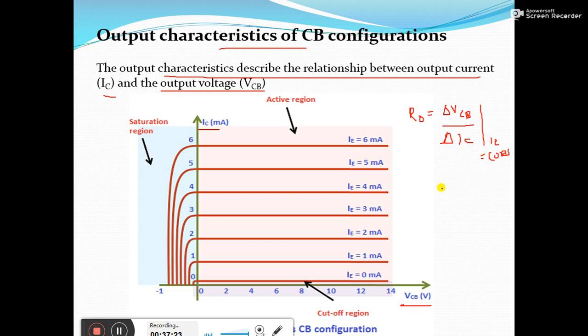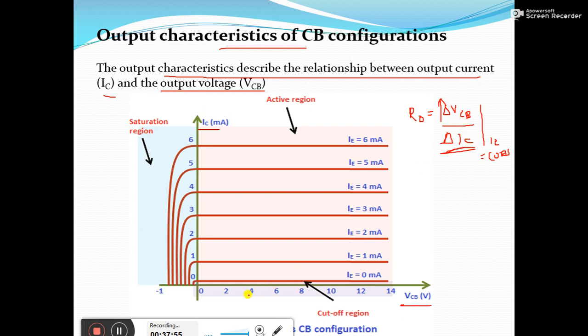As you can see here, you are getting a flat curve, almost a straight line. With the increase in VCB value, you are not getting a significant increase in the IC current. So IC is independent of VCB. The numerator can be very high, but IC will be constant.